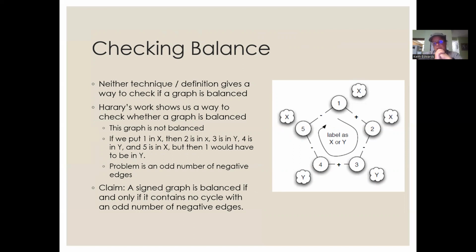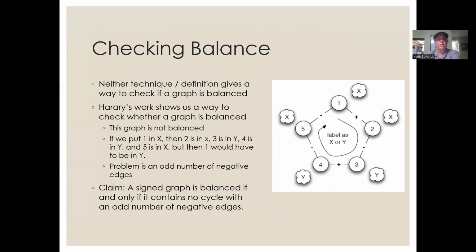Now there's a minus sign. 2 and 3 are enemies, so 3 has to go in Y. 3 is positive with 4, so 4 has to go into Y because it's friends with 3. Now 5 is an enemy of 4, so it goes into X. Oh, but 5 is also an enemy of 1, so 1 would have to go into Y, because it can't be in the same set as X.